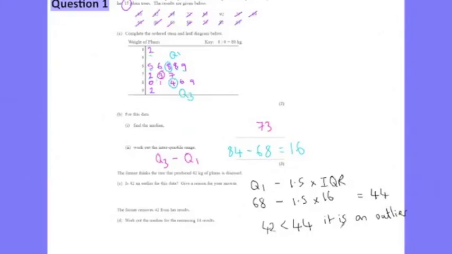We're told that the farmer removes 42 from her results. We're then asked to work out the median for the remaining 14 results. Now we have an even number, so we have two numbers in the middle. Here, 73 and 77.